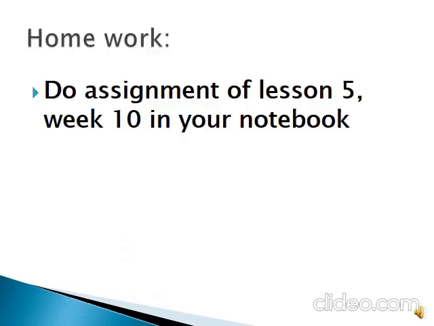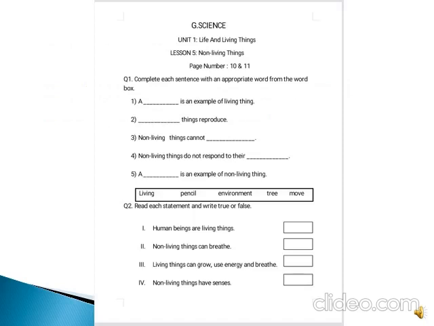Okay dear students, here is a homework for you. You have to do an assignment of lesson 5, week 10 in your notebooks. In this assignment, question number 1, you have to complete each sentence with an appropriate word from the word box.